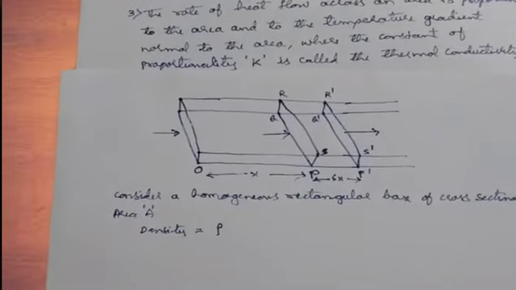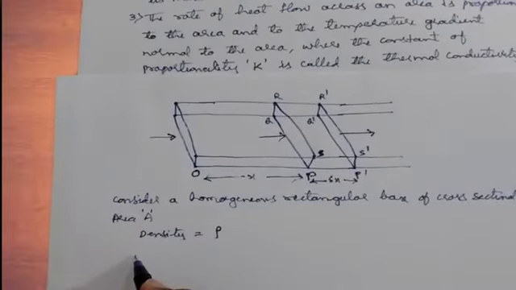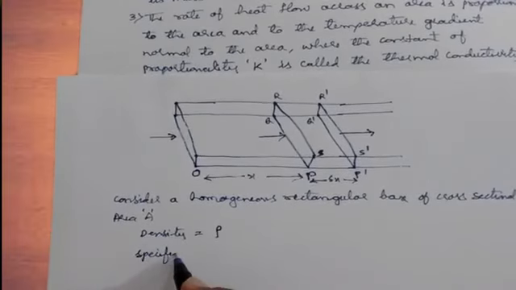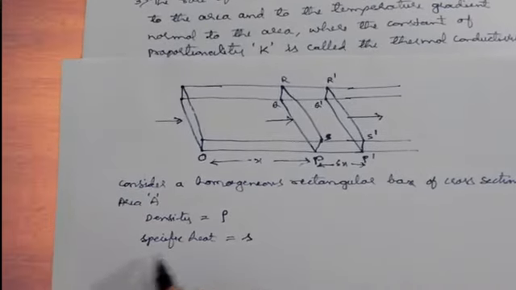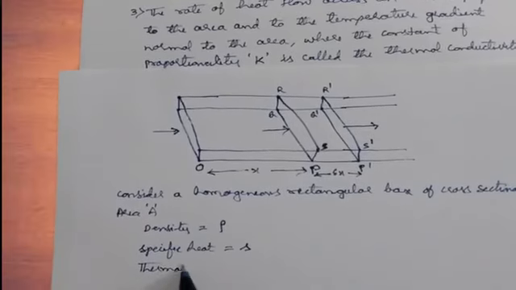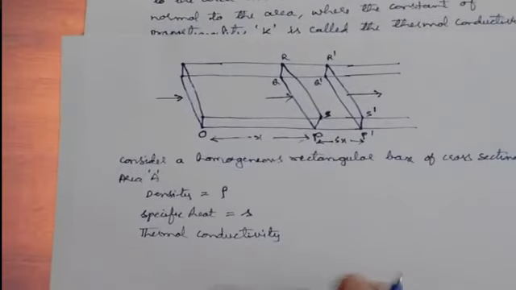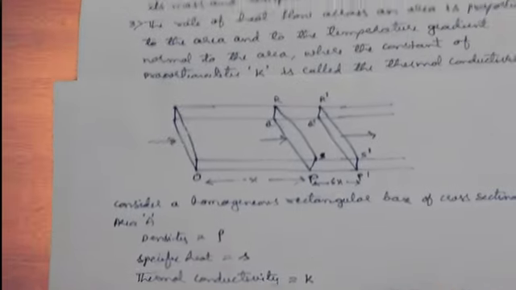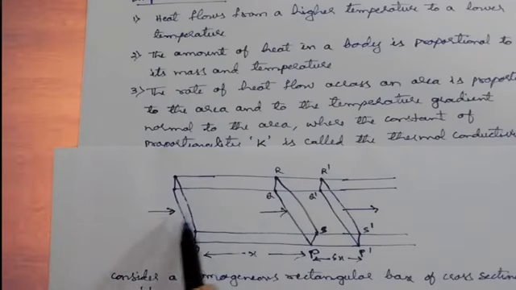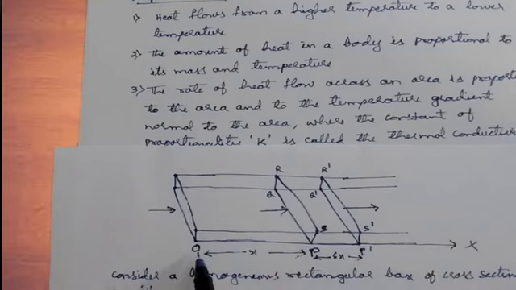Rho is the density of the rectangular slab, and because the heat is flowing through this rectangular slab, the specific heat can be taken to be s, small s, and the thermal conductivity let us take to be K. Suppose I am taking this as the x-axis, the heat flows along the x-axis starting from the origin.